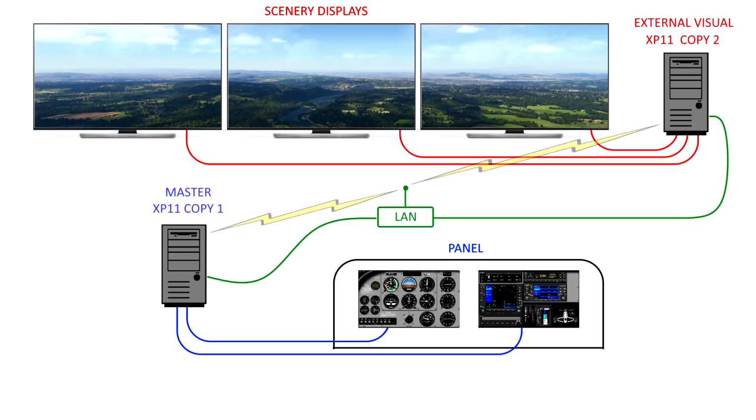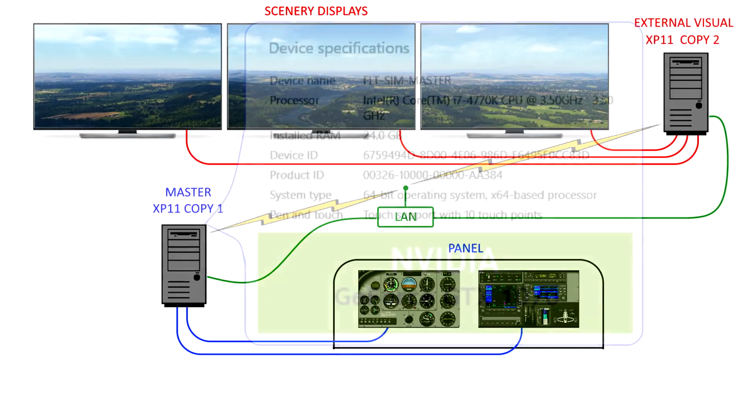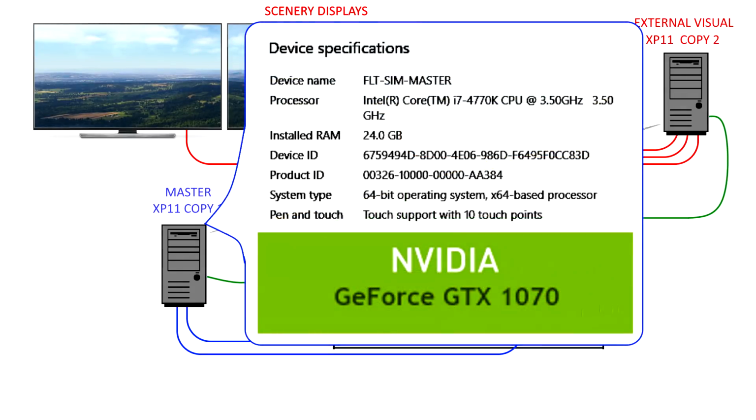Before we start, I'd like to just show you the settings and computer capabilities of the two computers that are involved in the test. The master computer, which is actually the least powerful, has an older i7 4770 processor, no water cooling, 24 gigs of RAM, and a 64-bit operating system, with a GeForce GTX 1070.